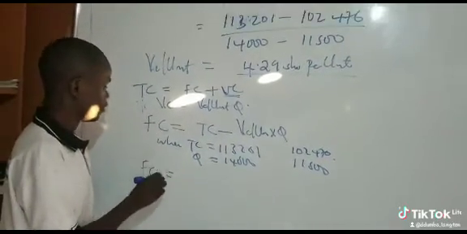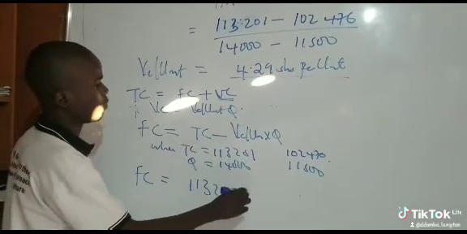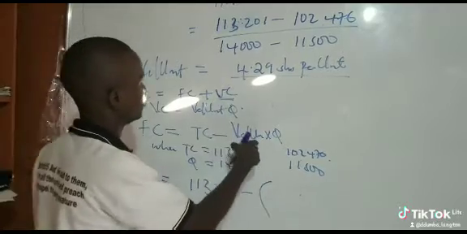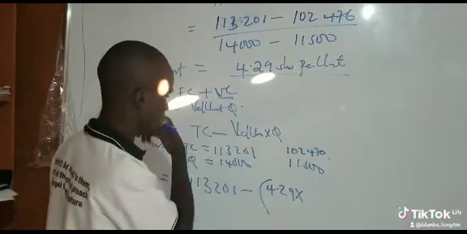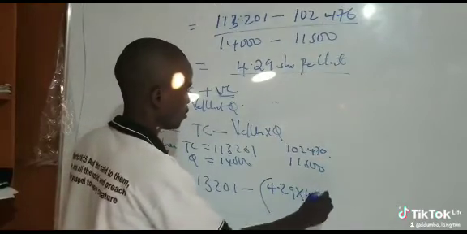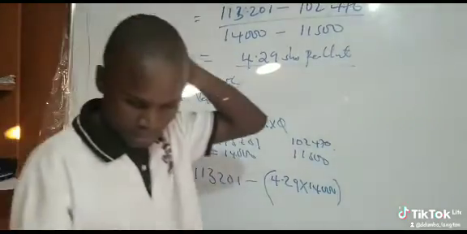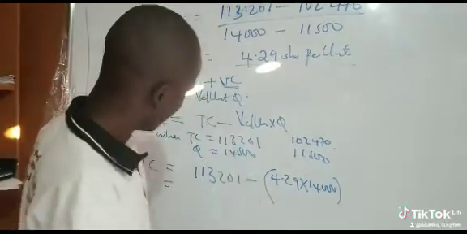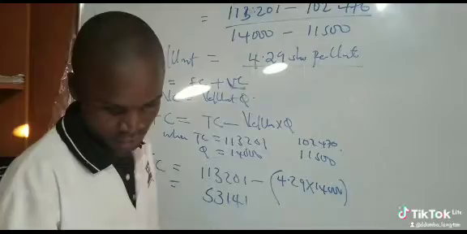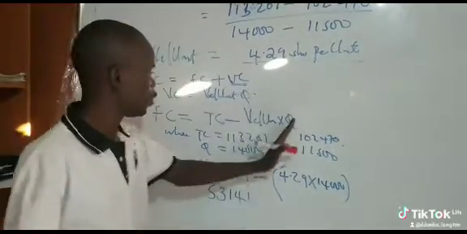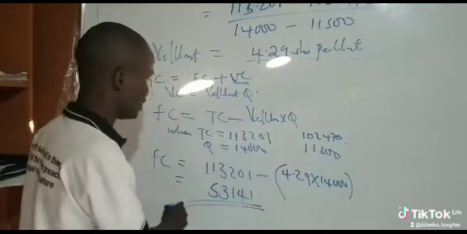My fixed cost equals my total cost, which is 113,201, minus the variable cost per unit you found, 4.29, times the number of units, 1,500, and you end up getting a fixed cost of 53,141. When you place in the other digits, they must give you this same figure.